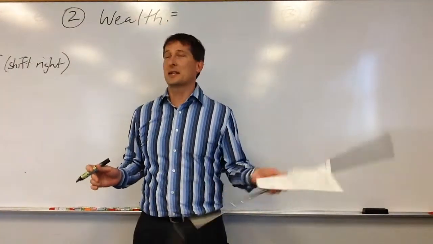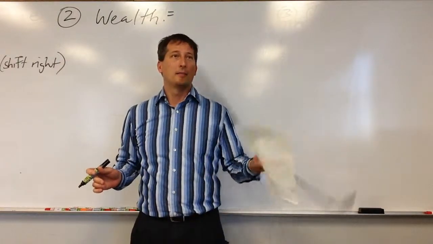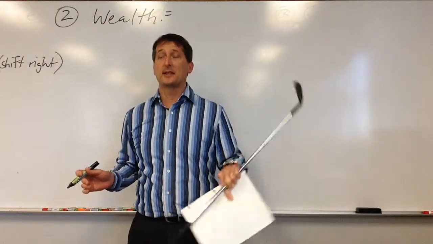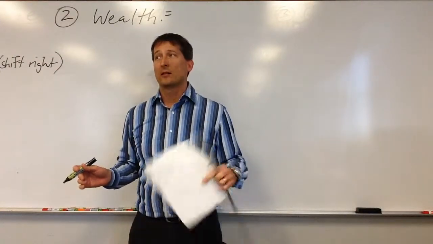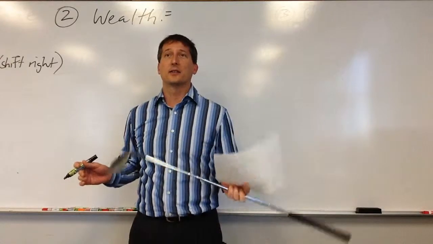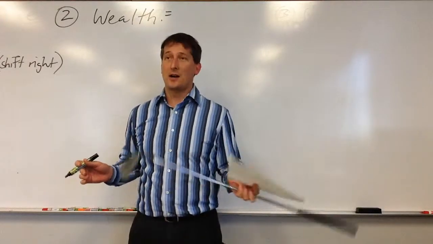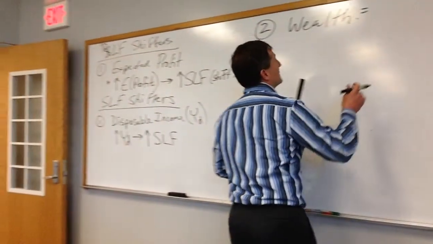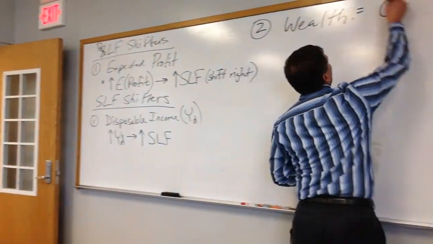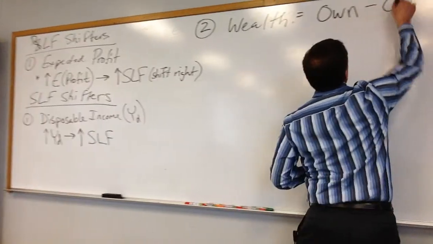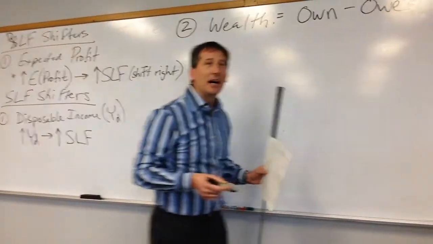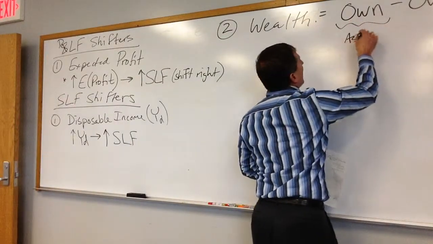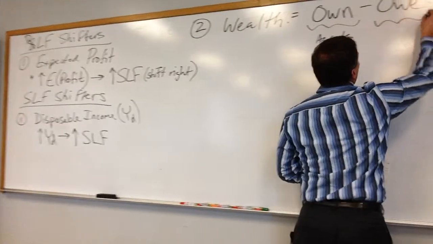What's the other part? Savings, part of our assets, yep. What's the other part we need to subtract, though? Our debt, right? So we can get kind of non-accounting about it and think about what we own minus what we owe, if we want to take the non-accountant approach to this. Otherwise, our assets minus our liabilities.